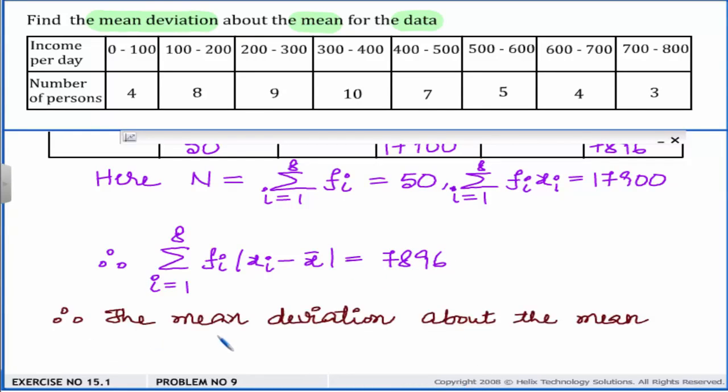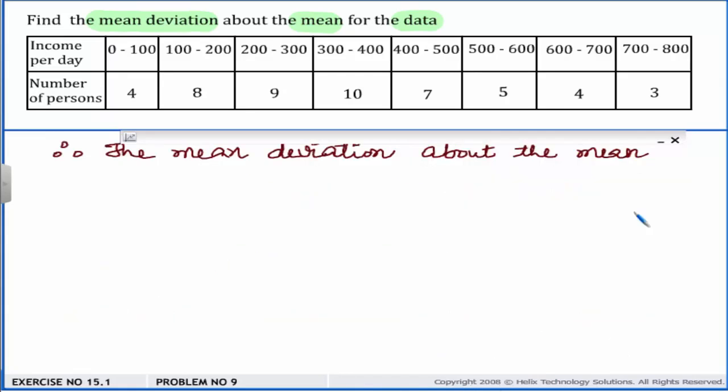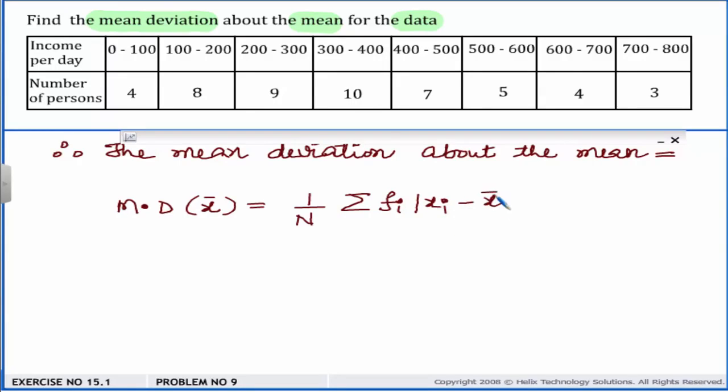Therefore, the mean deviation about the mean is equal to mean deviation about x bar is equal to 1 by n into summation Fi into modulus of xi minus x bar, where i equals 1 to 8.